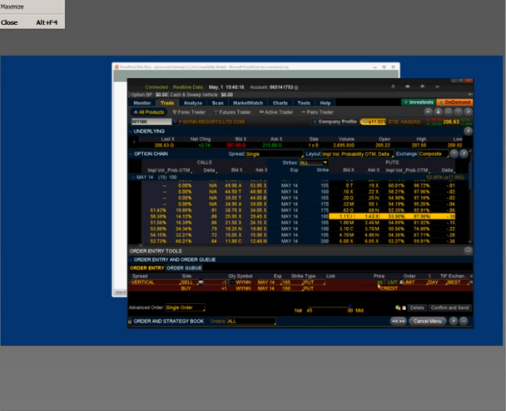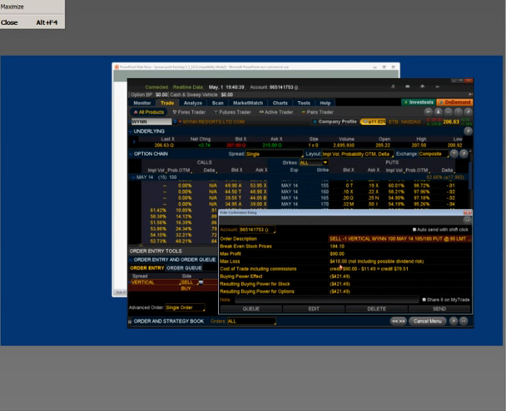You make $90 a contract, and you only have to sit out for 15 days. Even if that sucker goes sideways, you're going to make that premium. You're going to keep it in your bank account, and that's going to be about a 20% return. You can see what the credit is, $90, and your at risk is 410.